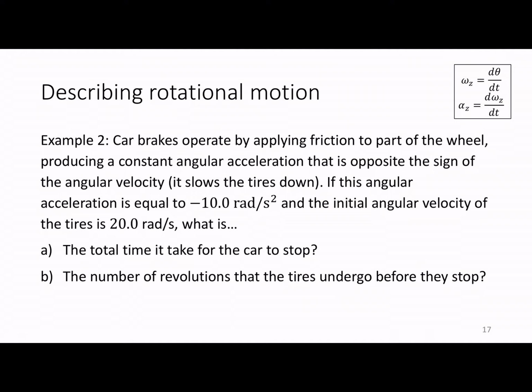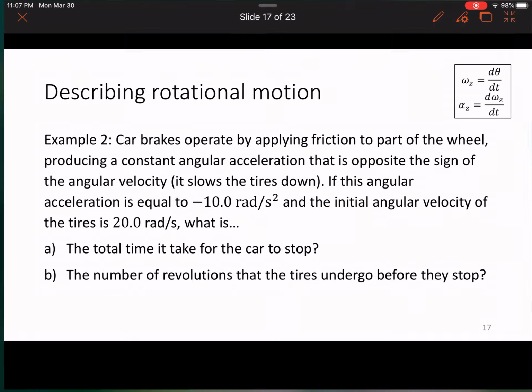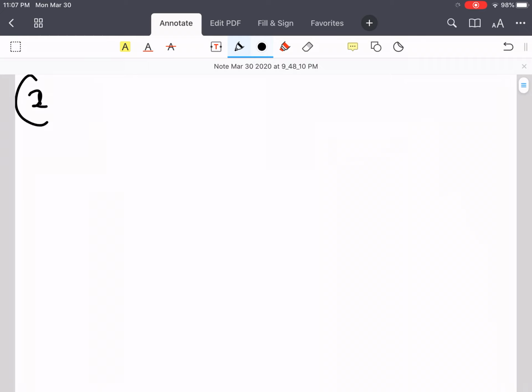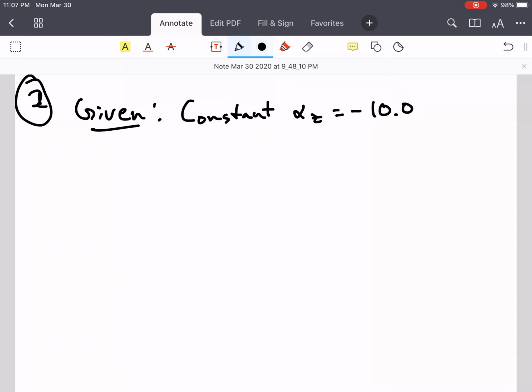Alrighty, so I will assume that you've done the problem at this point. Let's go ahead and go over this answer together. So what are we given? We're given a constant angular acceleration alpha z, which is negative 10 radians per second squared.